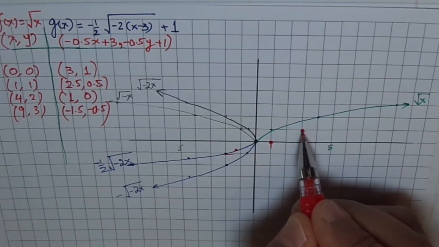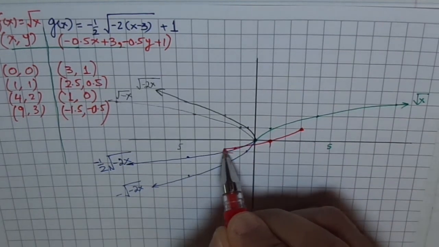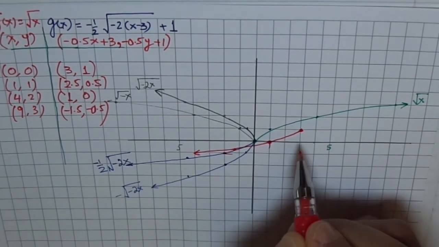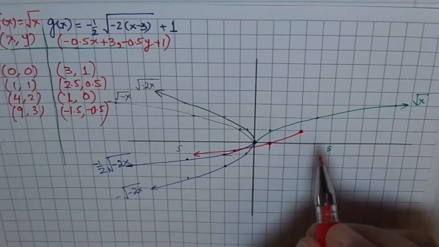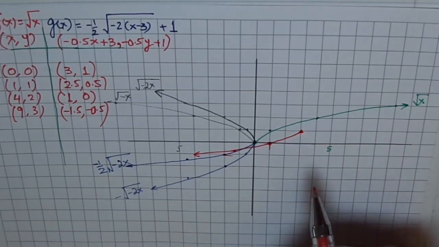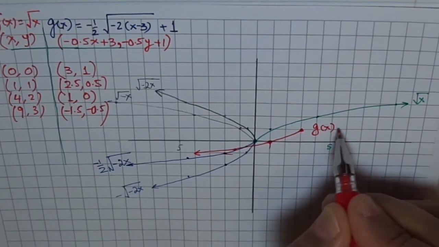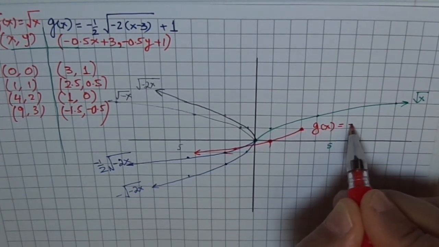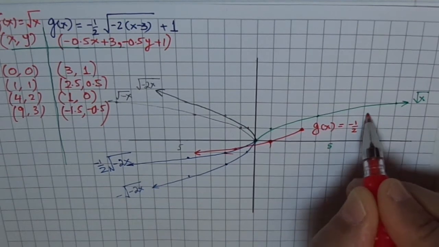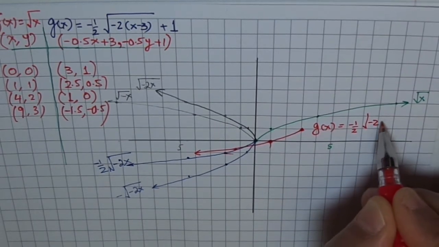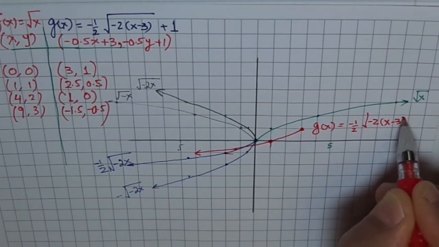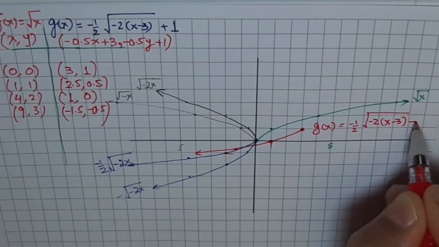Now let's join them and draw a graph. This is our function, and this function is the very final g(x). Do you see that? So g(x) now is equal to minus half square root of minus 2 times (x minus 3), plus 1.